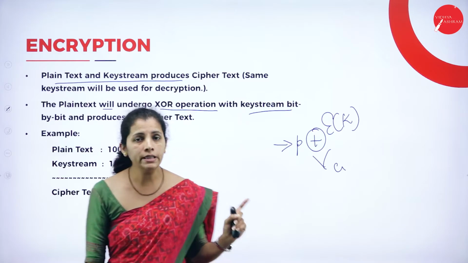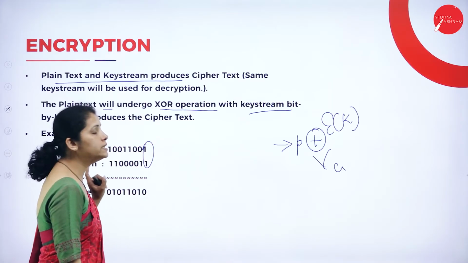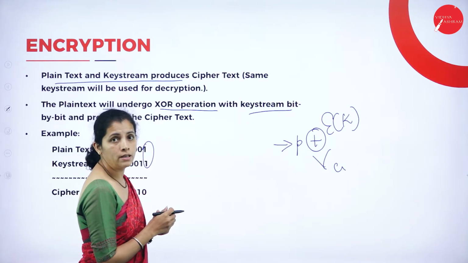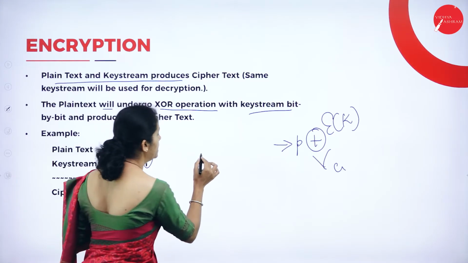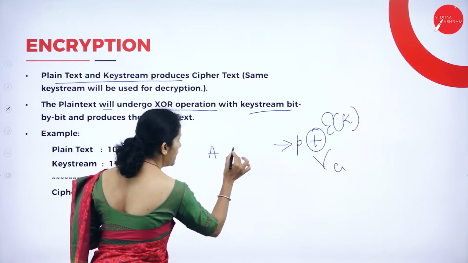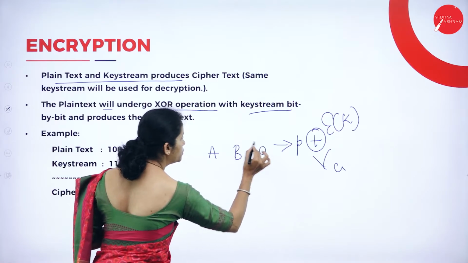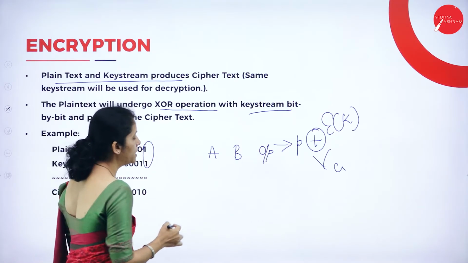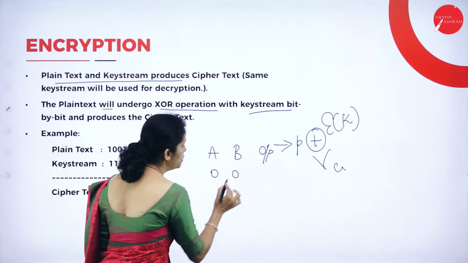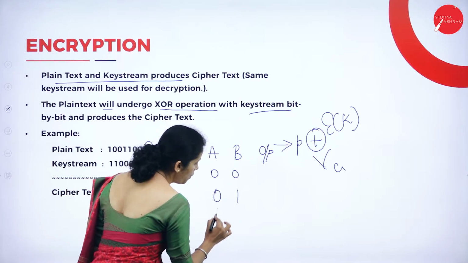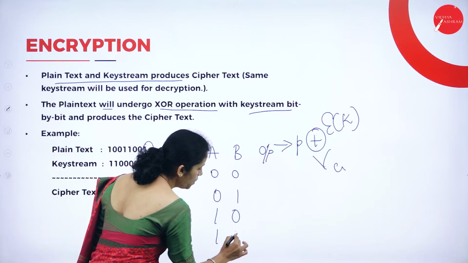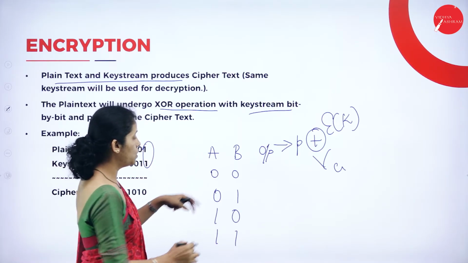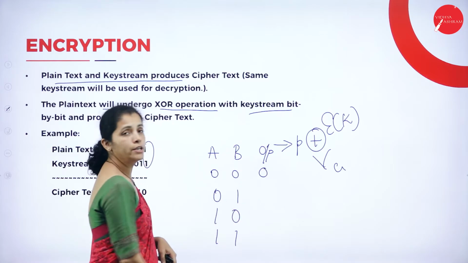Now I have an example. To solve this example, I must know the XOR table, that is the XOR gate truth table. I have input A, input B and output. The possible inputs are 00, 01, 10, 11. When both inputs are low, the output is 0.